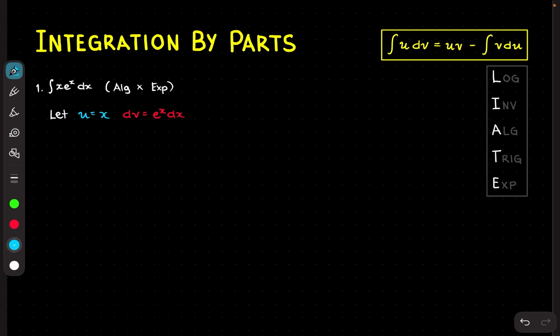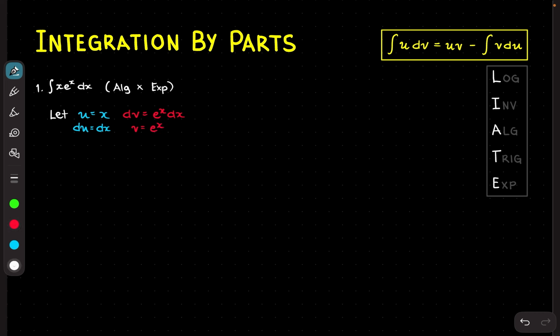So doing just that, if u is equal to x, then du must be equal to dx. Then v, this time, if we anti-differentiate this, e raised to x dx is simply e raised to x.